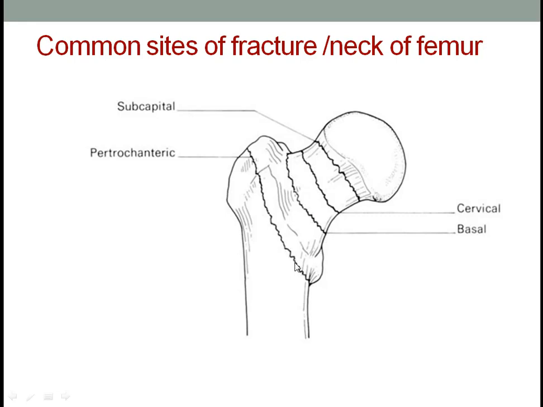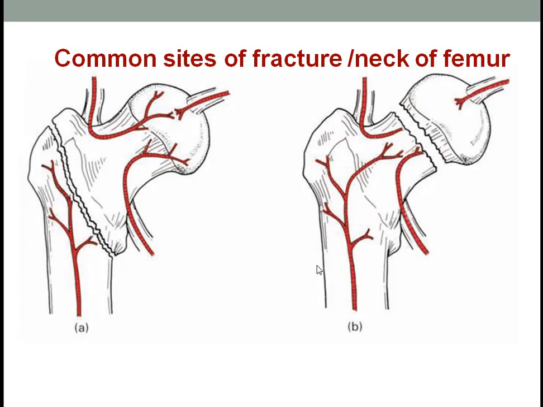And here this is a pretrochanteric or intertrochanteric fracture between the two trochanters, the greater and the lesser trochanter. And as you see, this fracture can disrupt the blood supply of the head of femur, leading to death of the head. We call it avascular necrosis of the head of femur.